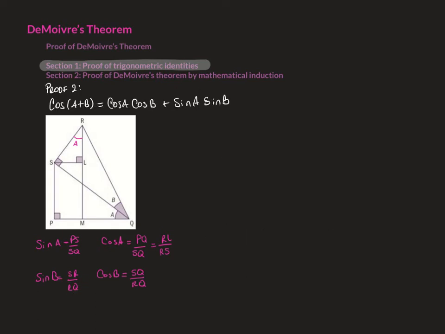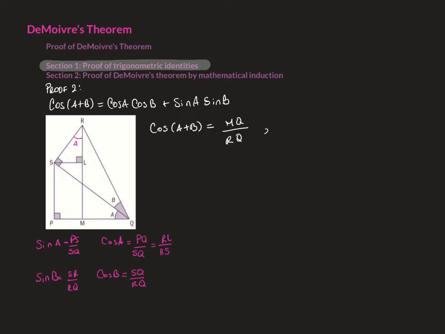Similarly, we're going to do the second proof for cosine of A plus B. Based on triangle RMQ, we know that cosine of A plus B is going to be the adjacent, so that is MQ, divided by the hypotenuse, which is RQ.